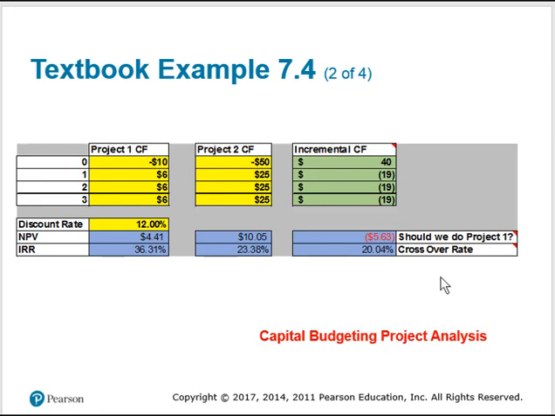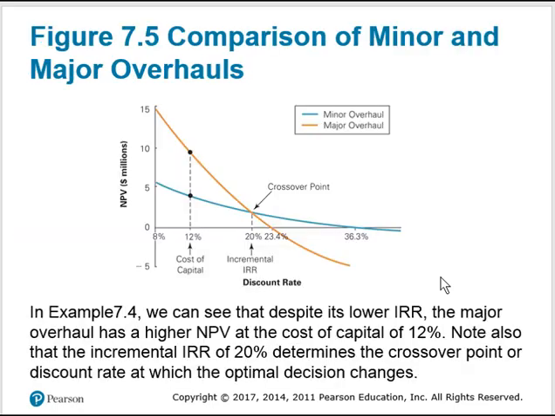The crossover point, though, tells us at what discount rate these two projects would have the exact same net present value. So the blue line is the minor overhaul and the major overhaul is the gold line here. If the cost of capital is 12%, the minor overhaul creates greater value than the major overhaul.